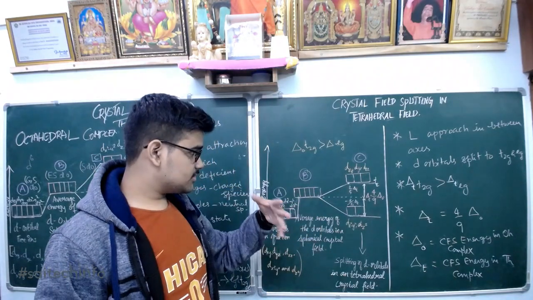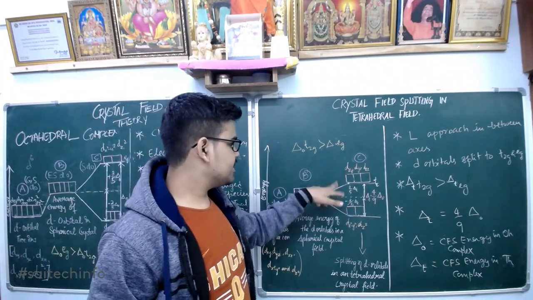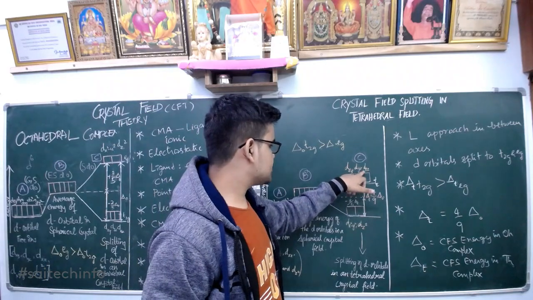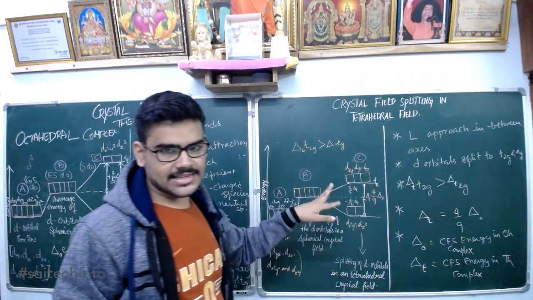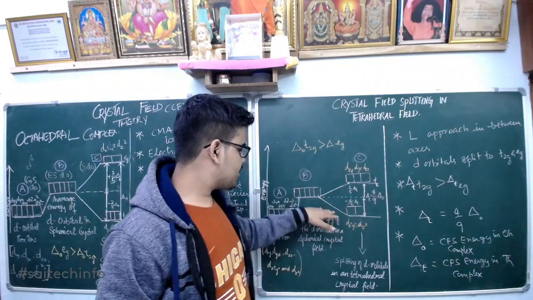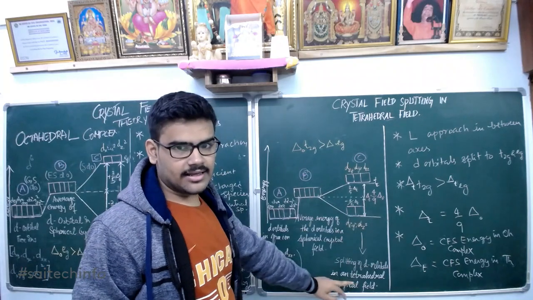Here, because the ligand is approaching in between the axes, dxy, dyz and dxz get to an even more excited state, and the d orbitals along the axis, dx square minus y square and dz square, move to a lower state.